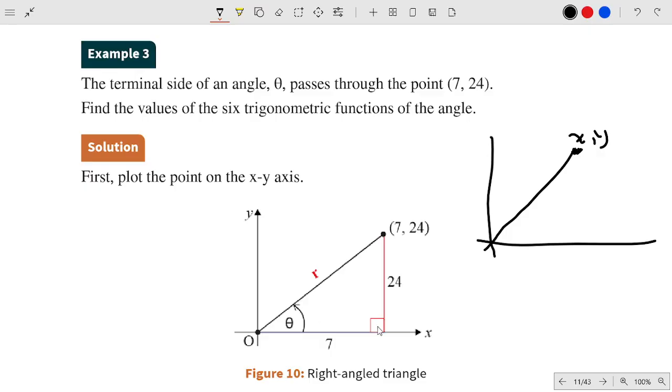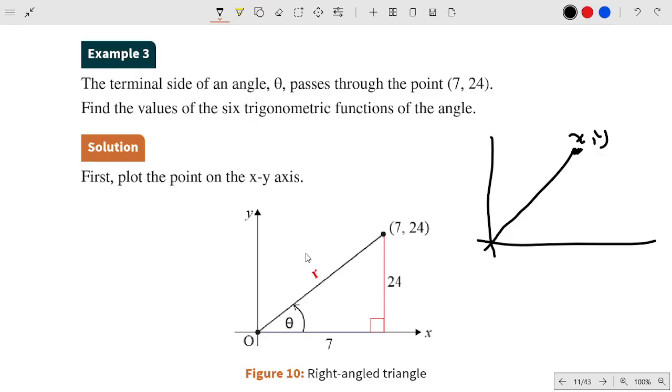Alright, so we have identified two sides and the remaining one is the hypotenuse. Here we have an angle of 90 degrees, making this a right angle triangle. How can we determine this side? We need it to continue with the trig ratios. Since this is a right angle triangle, we can apply the Pythagoras theorem.